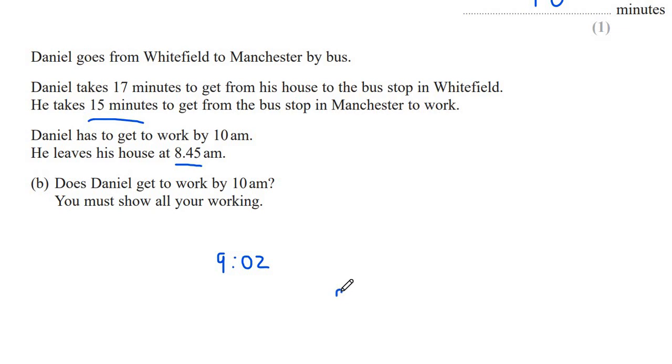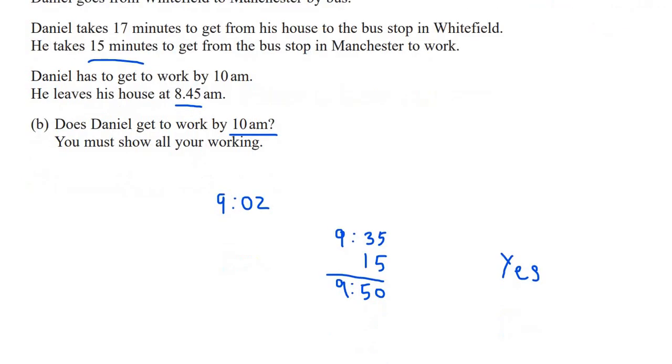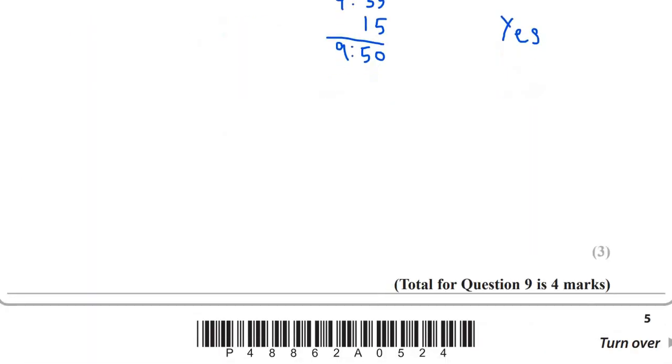So if he reaches at 9:35, he's going to take another 15 minutes to walk to his workplace. So that is 9:50. He's going to reach his workplace at 9:50. So yes, he will be able to get to work by 10 a.m. because he's going to be actually 10 minutes early. Okay, that's done.